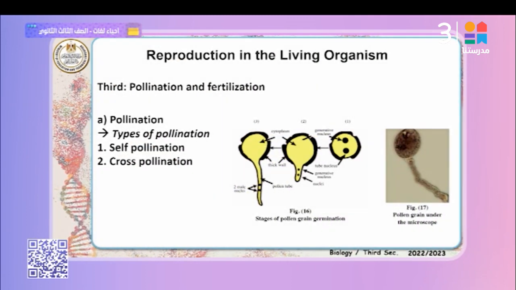That's right. Okay? Third topic: pollination and fertilization. Pollination. There are two types of pollination: self-pollination and cross-pollination, each with its own conditions. Self-pollination means transferring the pollen grain from inside the flower to the stigma of the same flower on the same plant, or to the stigma of another flower on the same plant.